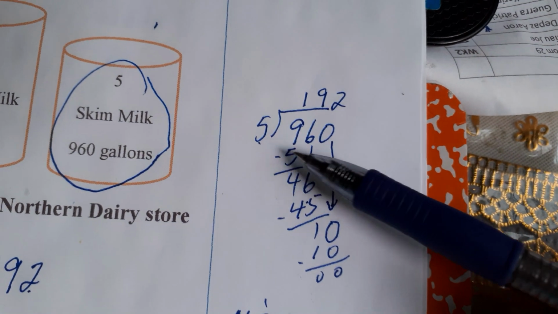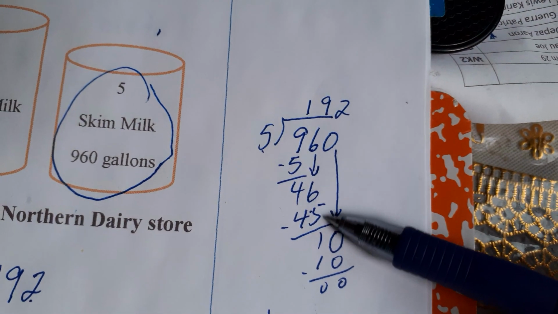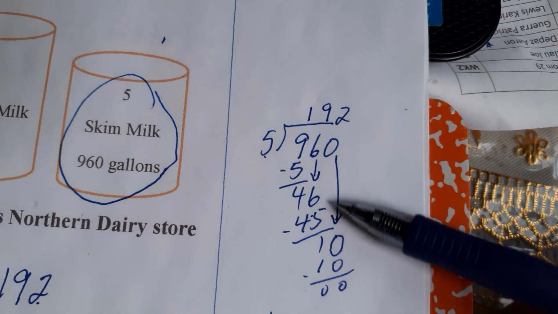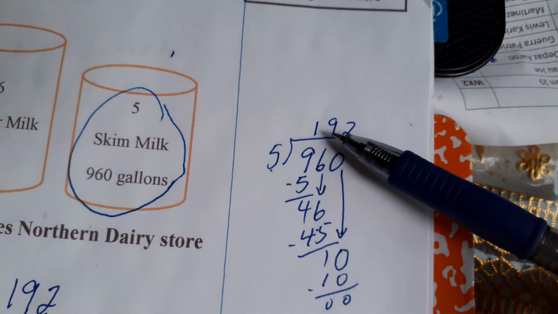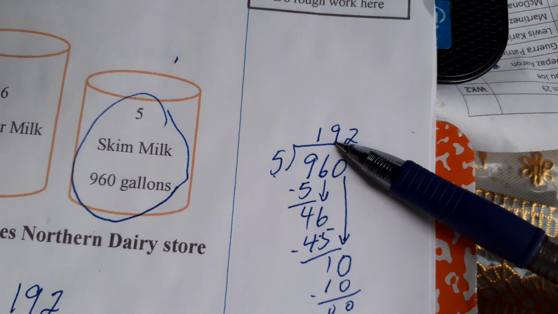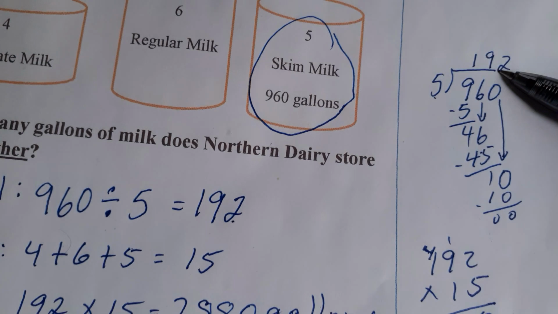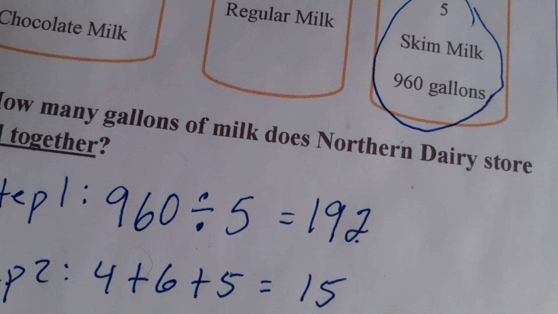Bring down the 6. 5 into 46, 9. 9 times 5 is 45. 46 minus 45 is 1. Bring down the 0. And 5 into 10 is 2. 2 times 5 is 10. So we have a rate of 192. This quotient now, we call it rate. All right, that's the rate as per 1.